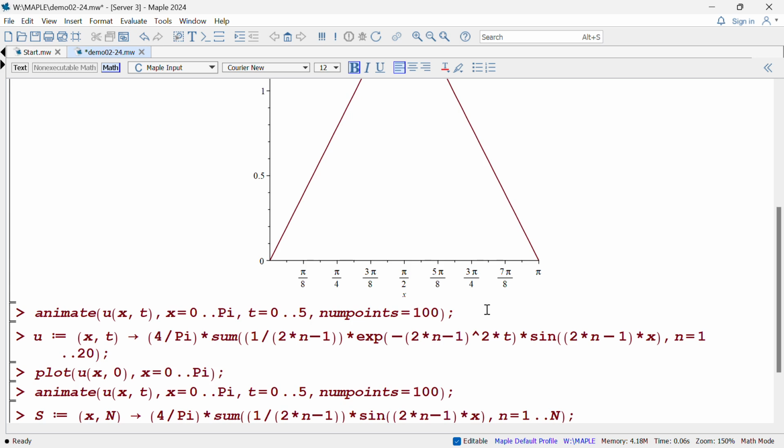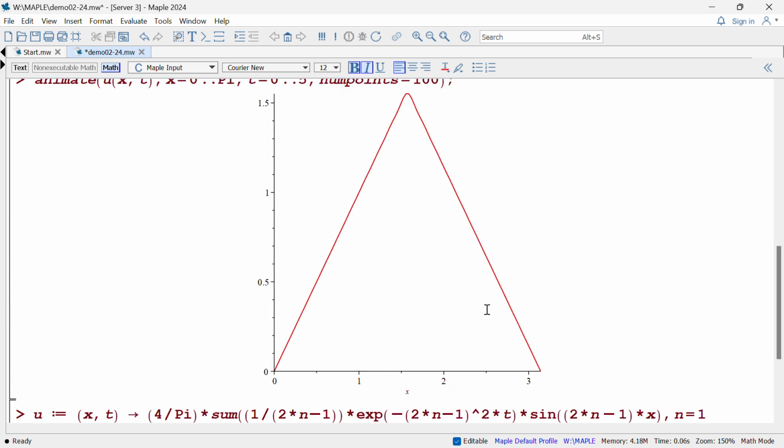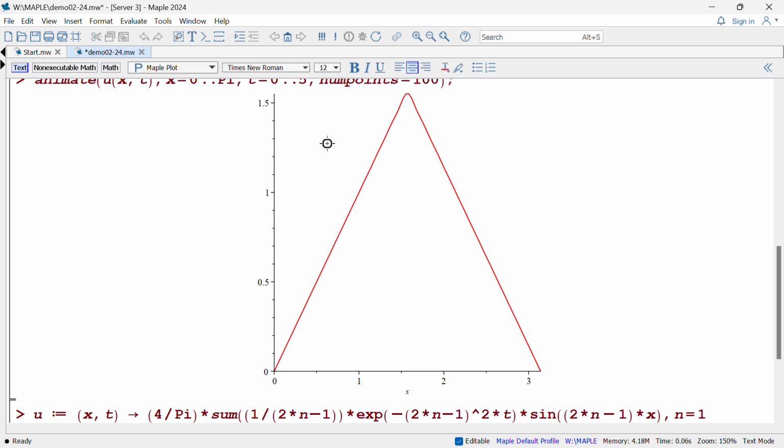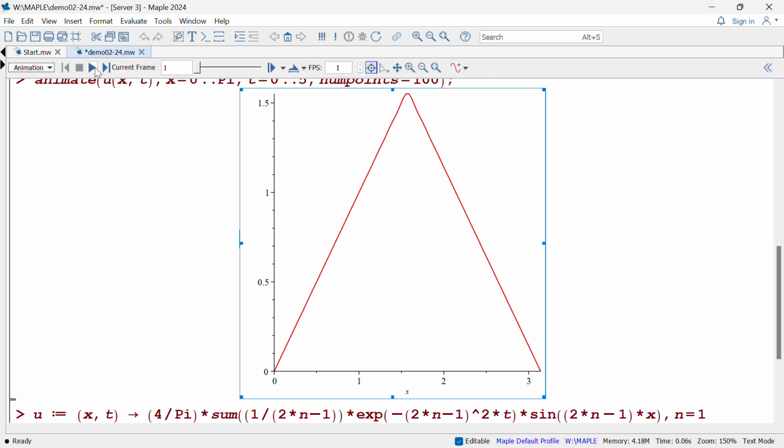This is kind of cool. Let me slow it way down. Let's see, I click on it. Frames per second. I want to get it really slow. Let's do 2 frames. How about 1 frame per second? Oops. Okay, ready?